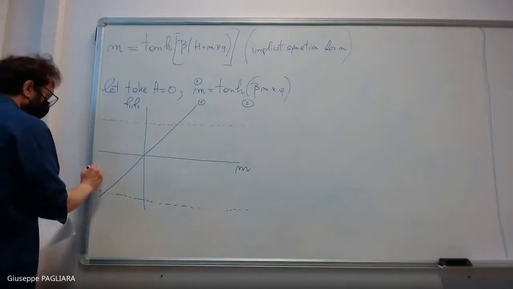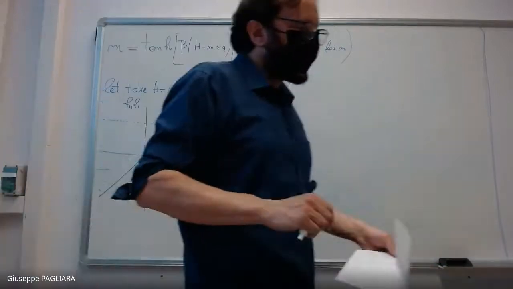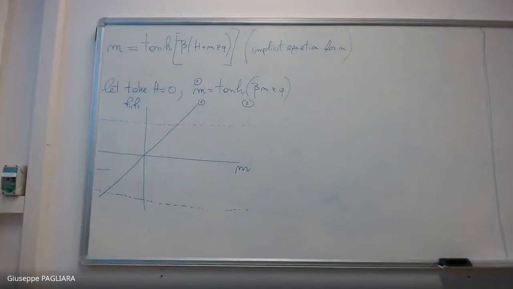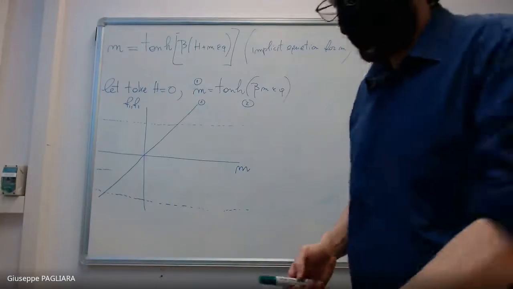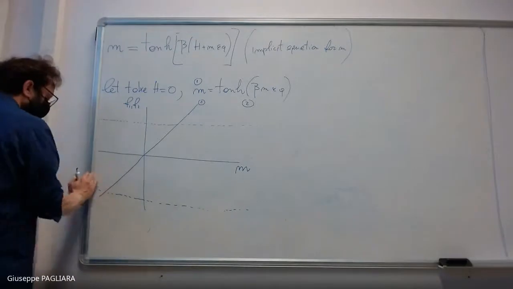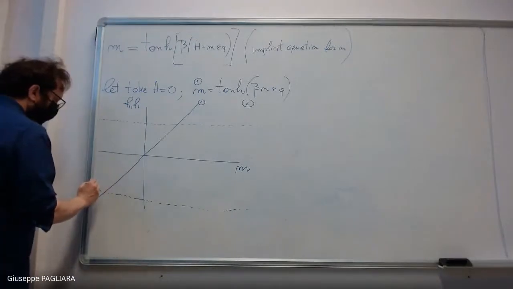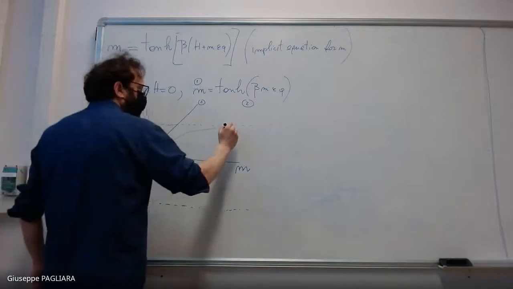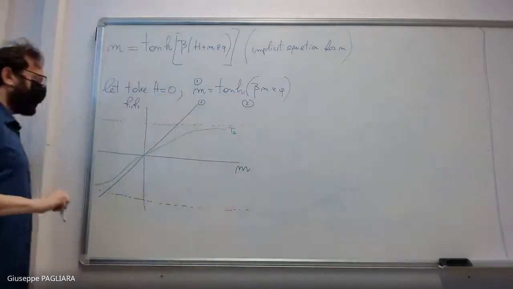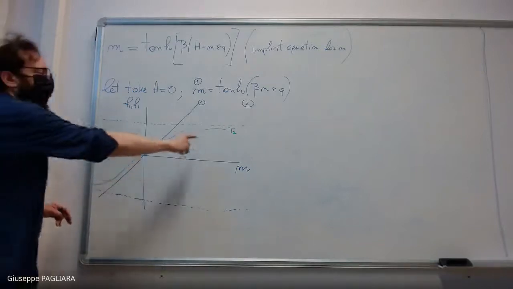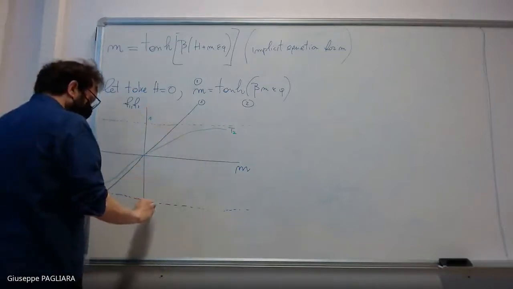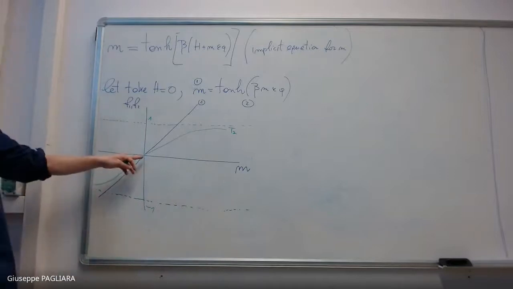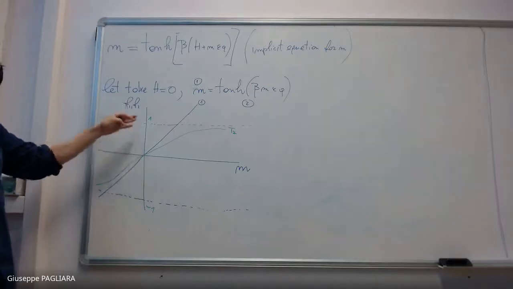Let's make the plot. And let me use the color, since I have the color. So suppose that this is for a temperature T2 large, no? Asymptotically, I should go to 1 and -1, but the tangent at m equals 0 is small, and therefore we have something like that.